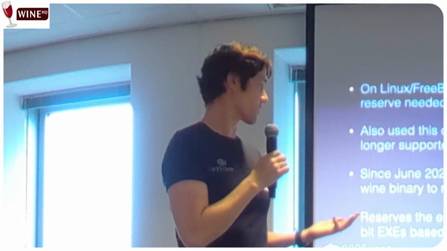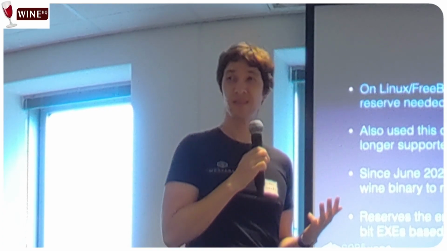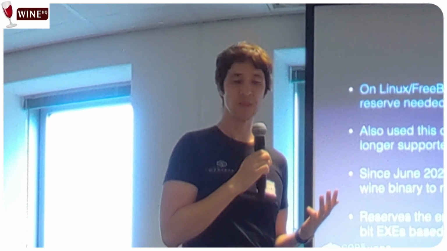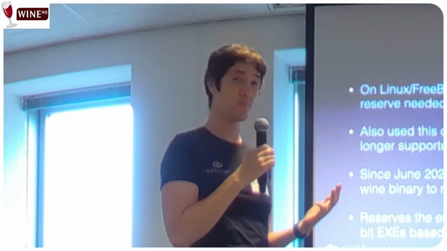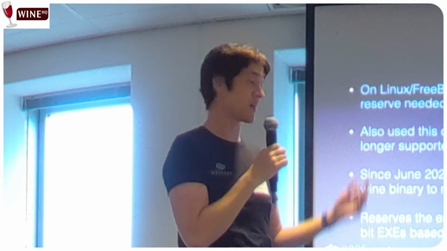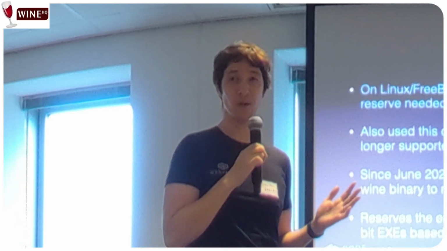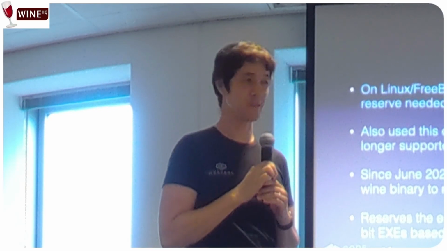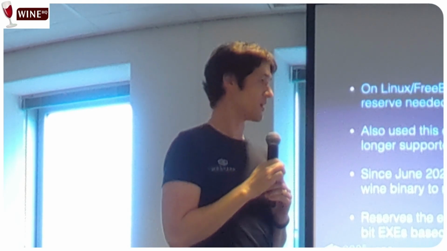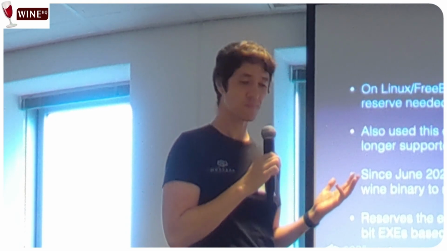And everywhere we've seen, 64-bit exes are based above that. In theory, there could be a 64-bit exe that's based right at the 8 gig line. That would not load. But we haven't seen it. If we do, we might need to bump it. So far, this has been working really well.